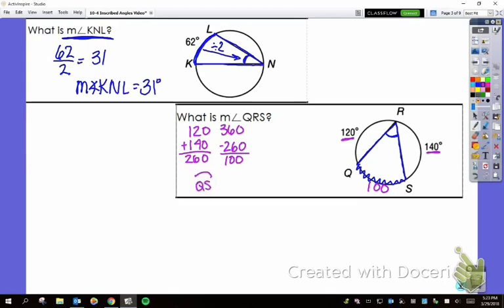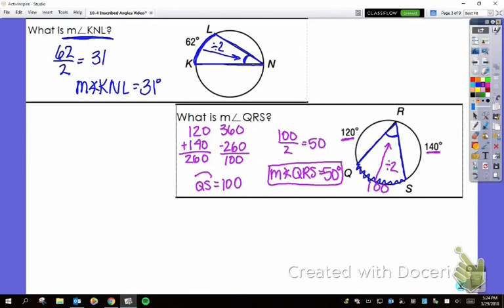Now that we know that arc QS equals 100, to go from the arc to the angle, we just have to divide by 2. So 100 divided by 2 equals 50. So the measure of angle QRS equals 50 degrees.